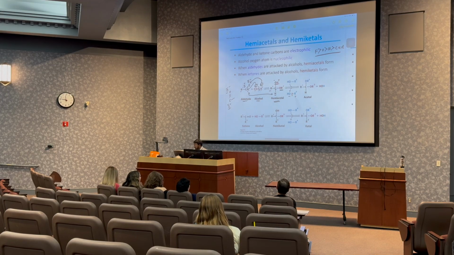Here you have negative and positive. This negative will attack on positive and this positive will attack on negative. Now you have OR and OR. You see that? And this will remove a molecule of HOH, which is nothing but water, right? And this is your acetal structure. The earlier one is hemiacetal because it's half acetal.